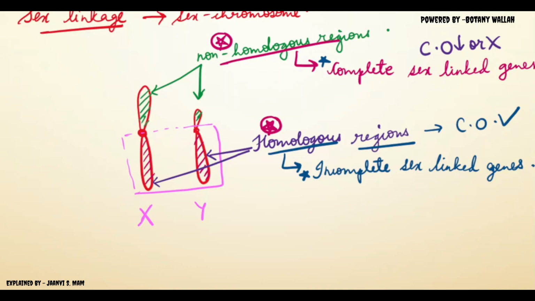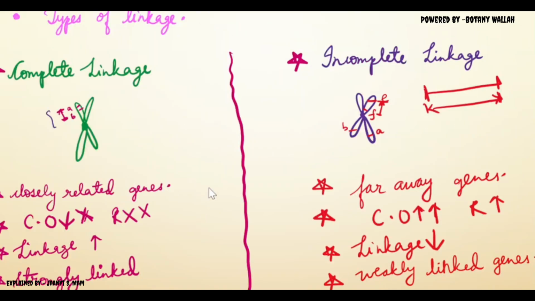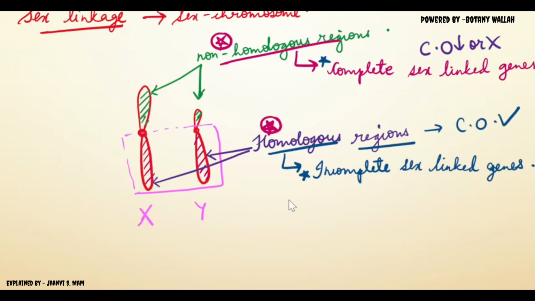So these are incompletely linked. If the genes are incompletely linked, they are very far from each other, they undergo crossing over and recombination. We are saying that the genes present on the sex chromosome, if they are linked together, are known as sex linked genes.